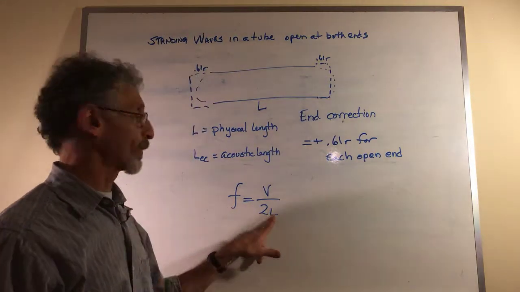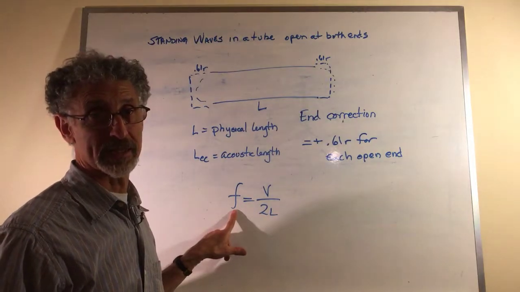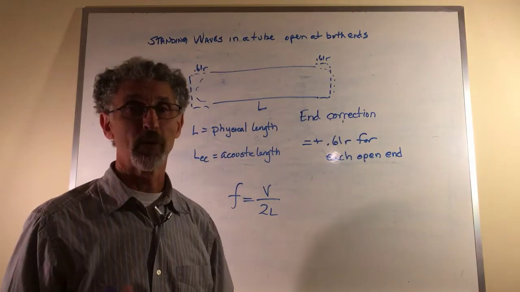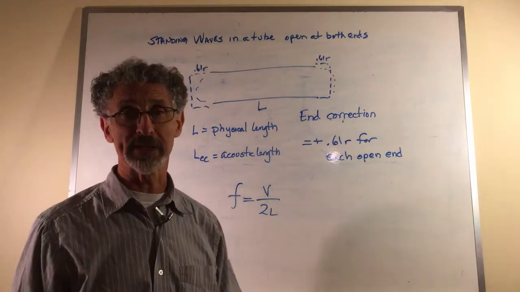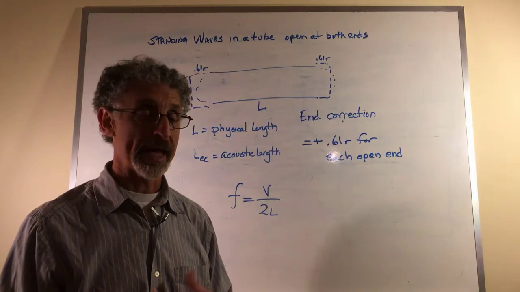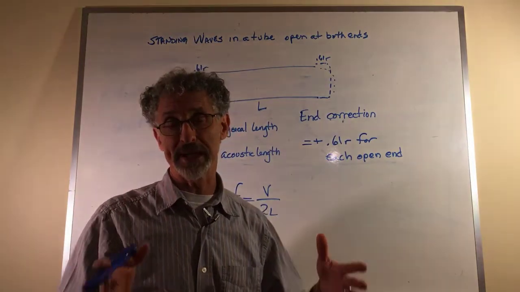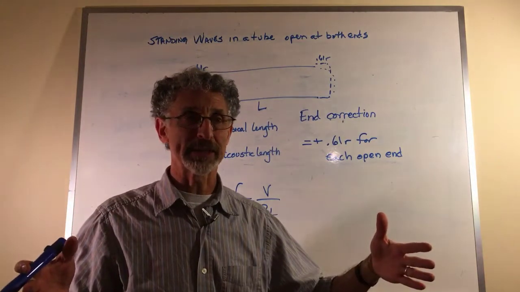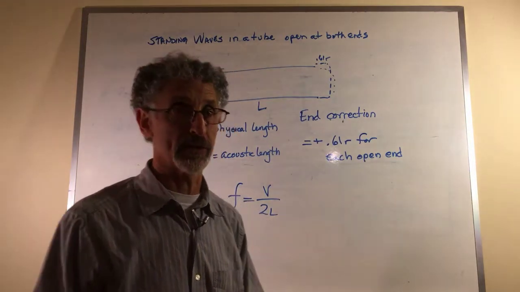As length increases, frequency decreases. So the frequency will actually be lower if we account for the acoustic length. And that's what really happens. The tube that is open at both ends has the frequency of a tube that would actually be a little bit longer because of the acoustic length.